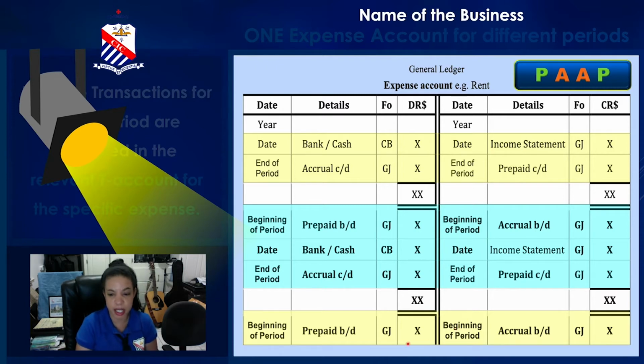So this is just the beginning of your next period. We haven't done anything yet for the other period. So this is the format that you are going to learn using PAAP, with the first P and A being your opening figures or your brought down figures, and the second A and P being your closing figures or your carried down figures.